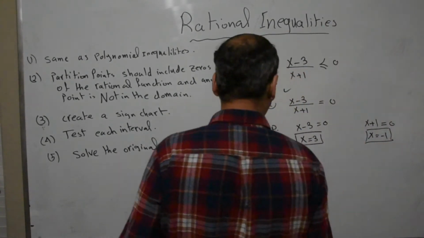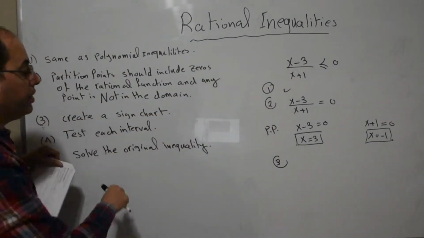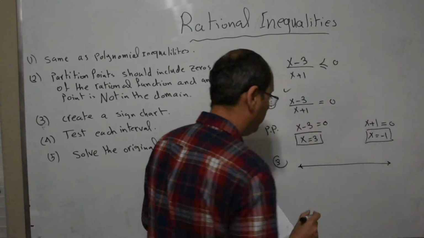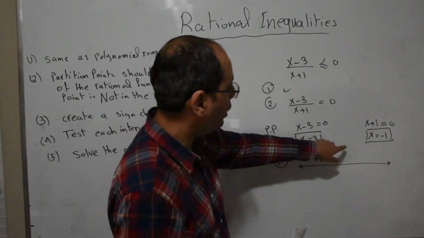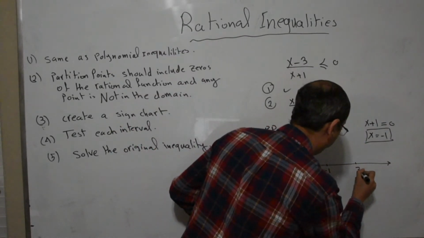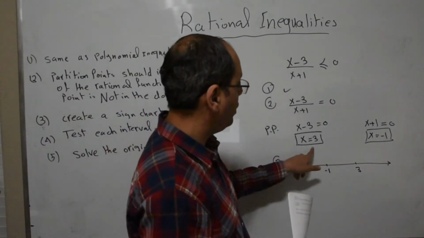Okay, so next I create the sign chart. How many points do I have here? I have 3 and negative 1. So negative 1, and I have 3. Be careful here. 3 is 0.